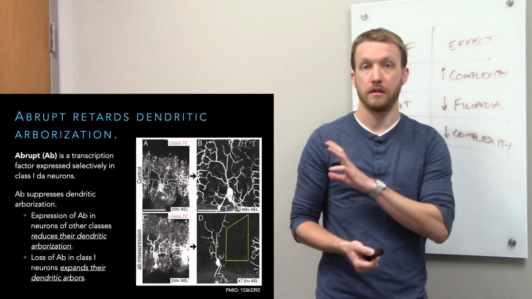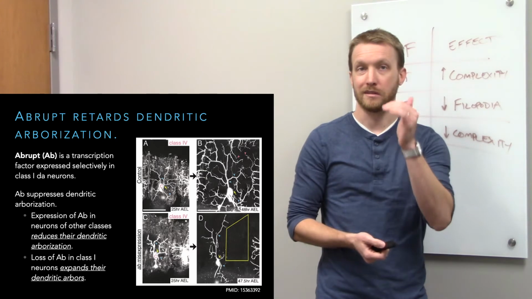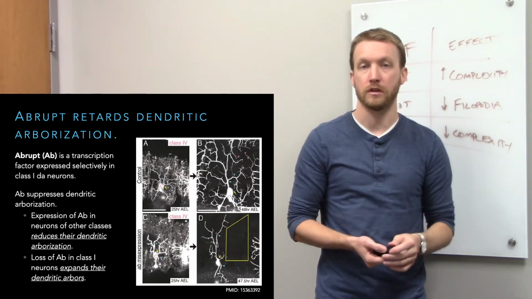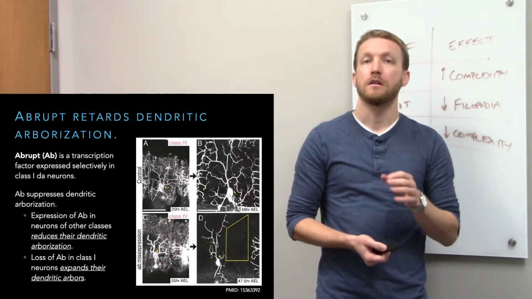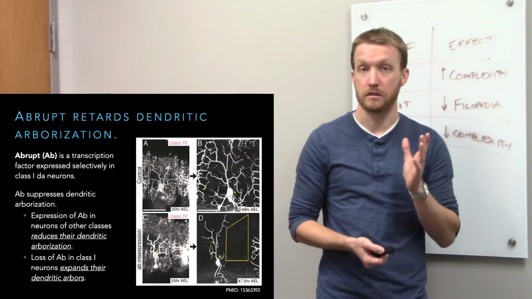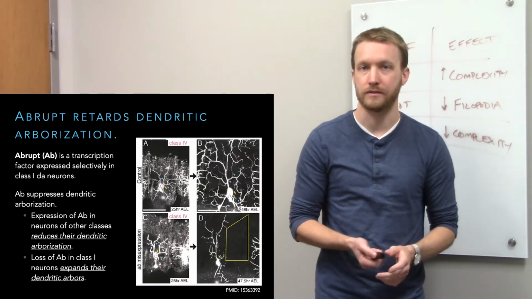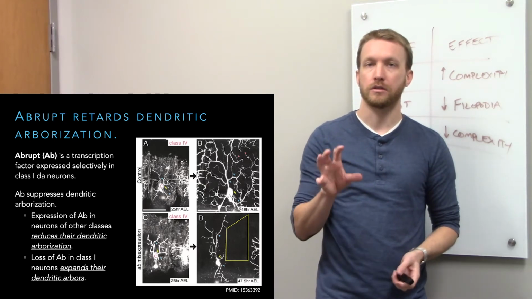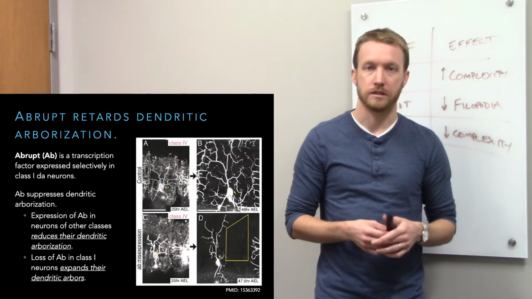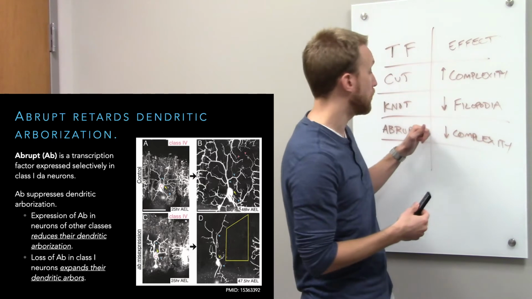So here we can see expression in class 4 neurons. Normal on top, panel A and B, just looking across time, looking over development. C and D is showing you with misexpression of abrupt in these would-be class 4 neurons, but no longer do they look like class 4 sensory neurons, and there's large areas that are no longer covered with dendrites because the genetically encoded complexity has been cut short by abrupt.